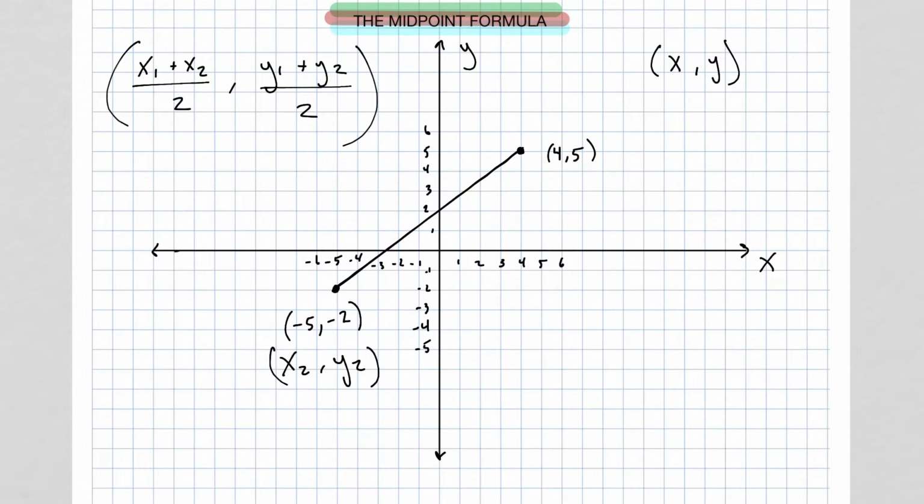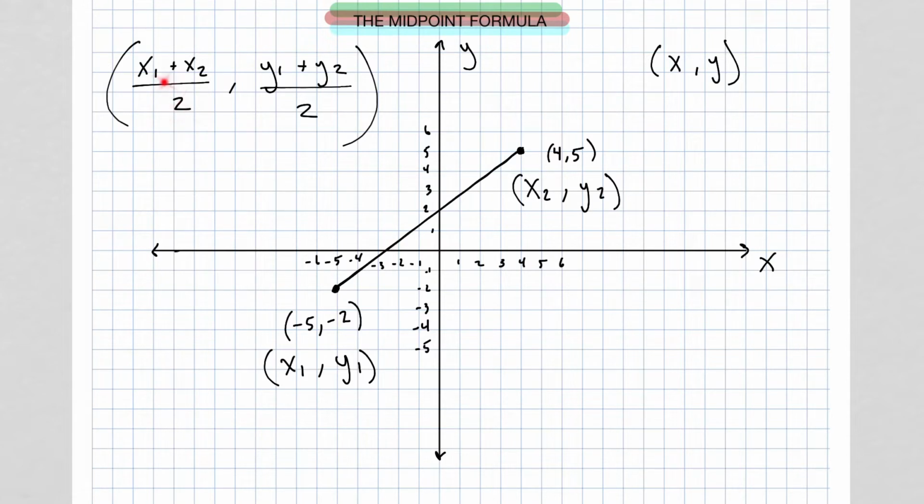If you want to make this one point number 1, then this is x1, y1, and up here you have x2 and y2. It doesn't matter which one you do. So here we have x1 and y1, x2 and y2.